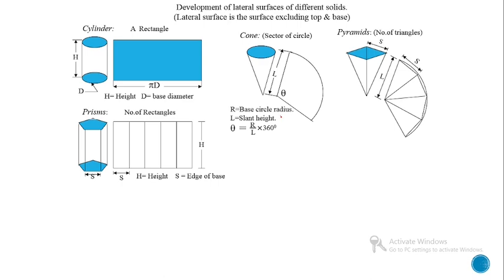Here we can use L as true length of the generator. This is the development of the lateral surface of the pyramid.